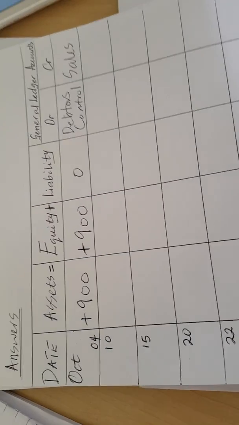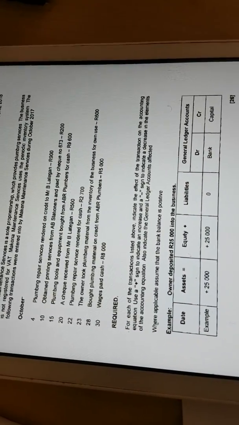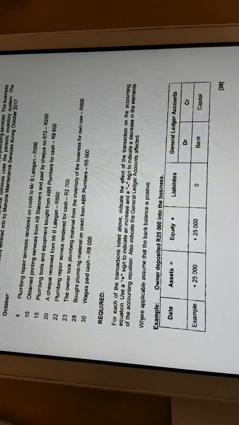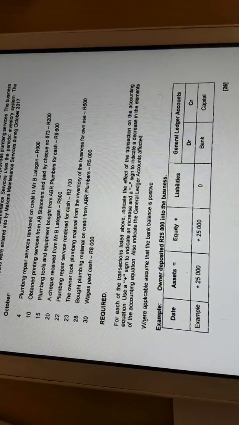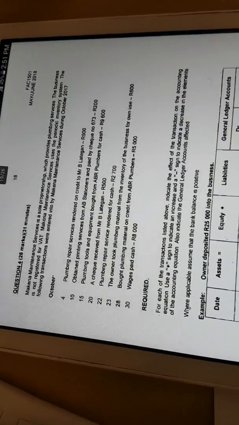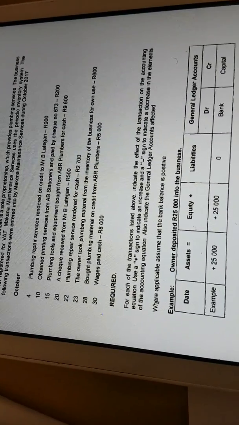Okay, let's move to the 10th. On the 10th, they said obtained printing service from AB Stationers and paid by check. Okay, obtained printing service. So when they obtain a printing service, I will advise you to go to page 52 on the study guide.